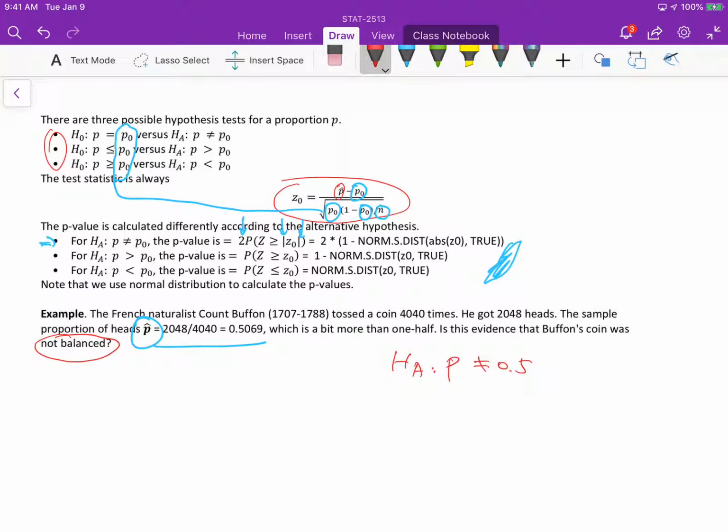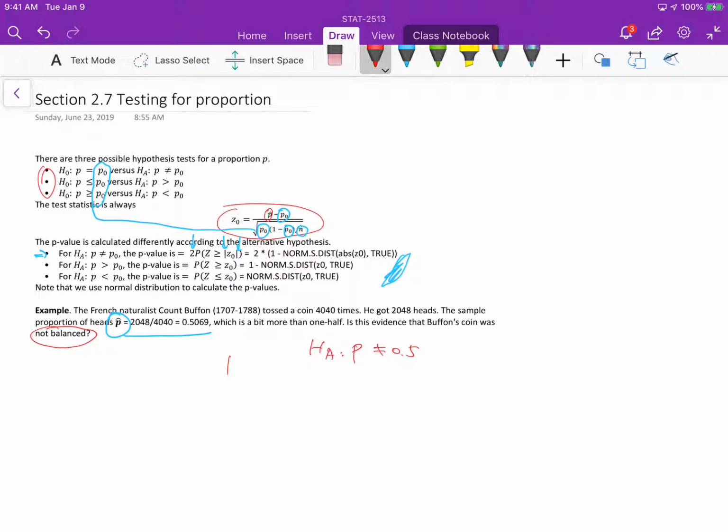So the alternative hypothesis is P not equal to 0.5. And H0 is the complement of the alternative hypothesis, so P equal to 0.5.